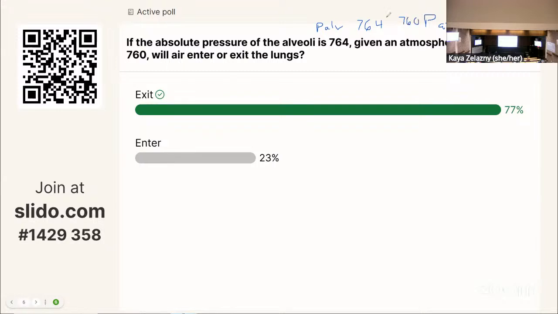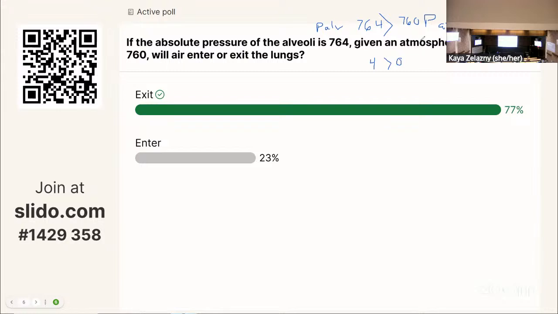Okay, 764 is greater than 760. So this means our high to low gradient is high inside the lung, low outside. So in the future, when we give this as a relative pressure, this would be +4 versus 0.